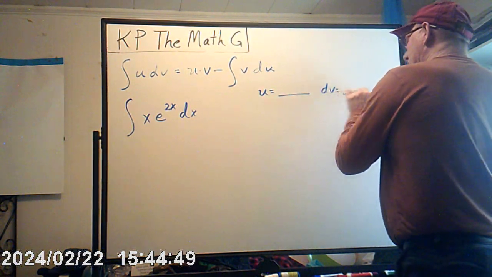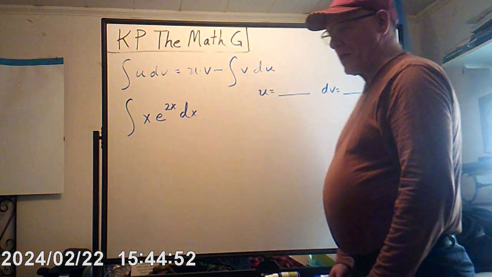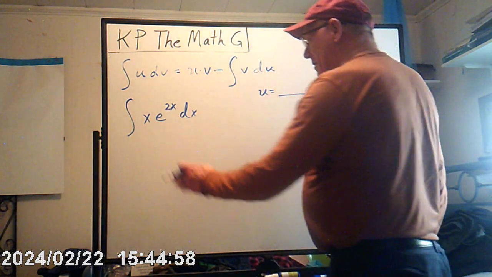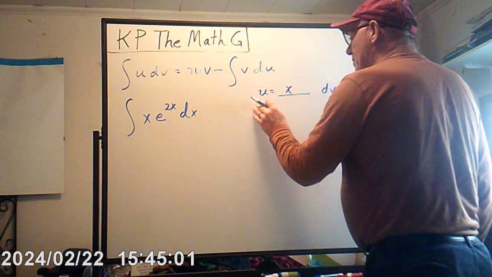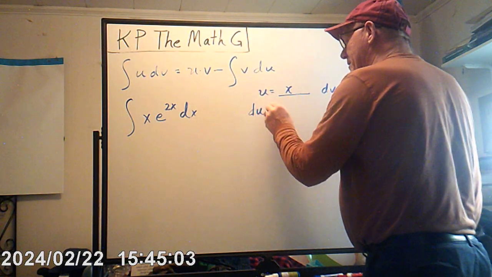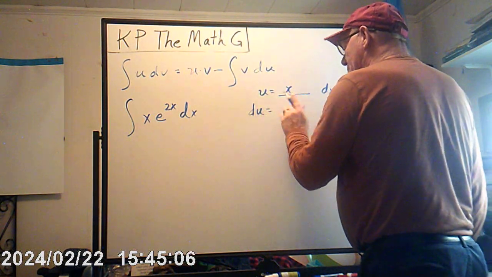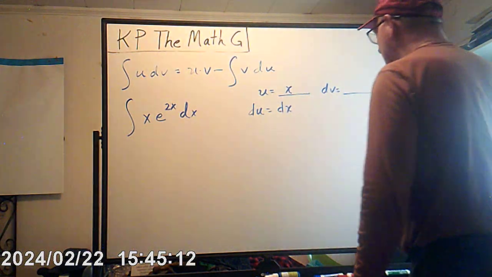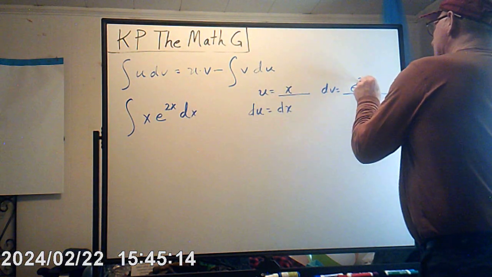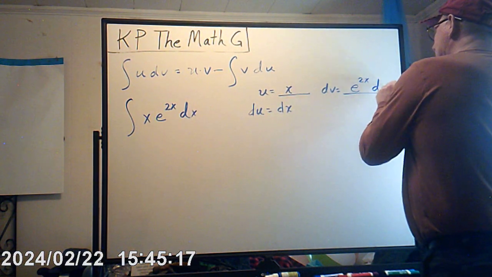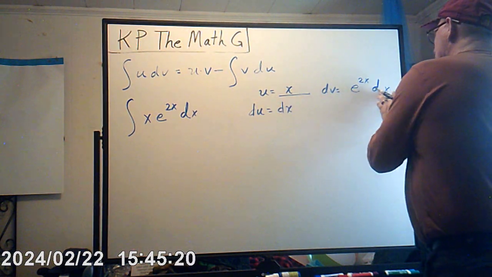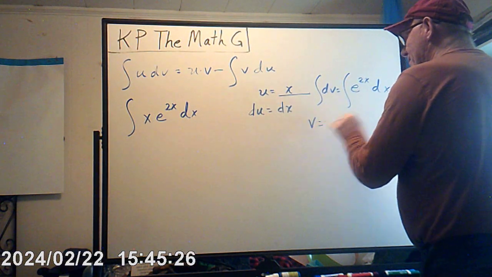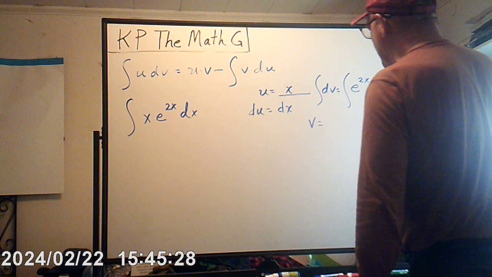Always start like that, and that way you won't be lost as to what you need to do. I want u to be x. Then if I take the derivative of the left side, that's du. The derivative of the right side is 1 dx, so du is dx. That's simple enough. e to the 2x dx is going to be dv. Now if we integrate the right side, we have v. That's what we were looking for.